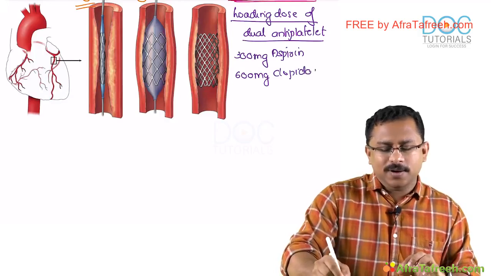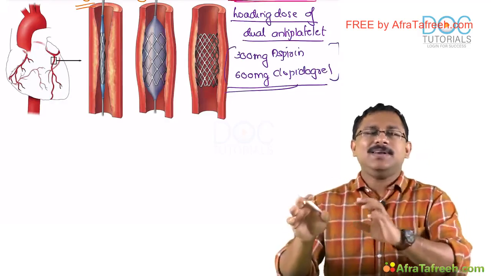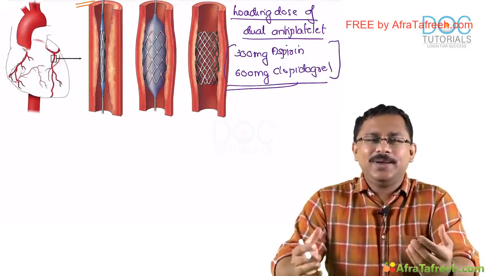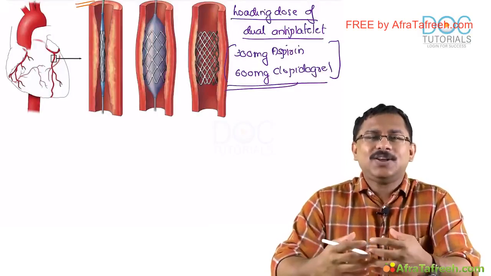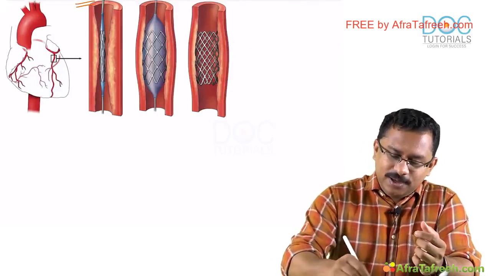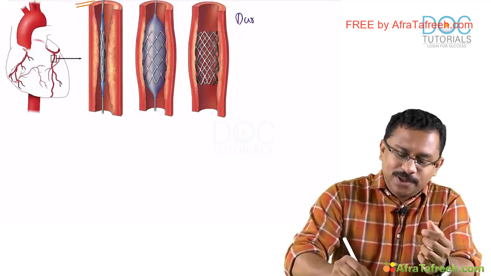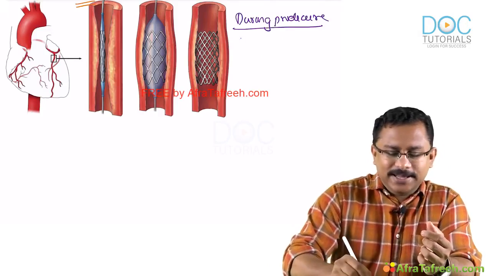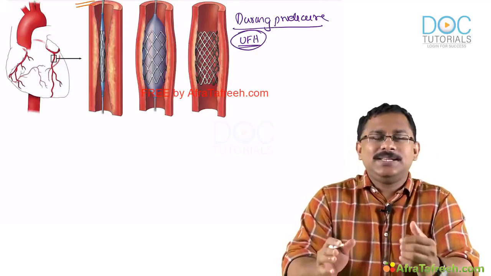Sometimes you can even go for a 300 milligram clopidogrel loading dose as per some guidelines. During the procedure you are trying to achieve anticoagulation by giving the patient unfractionated heparin. So your anticoagulant is given during the procedure.